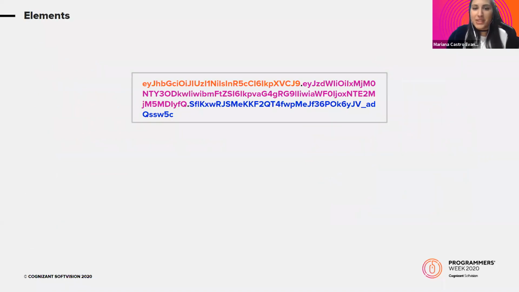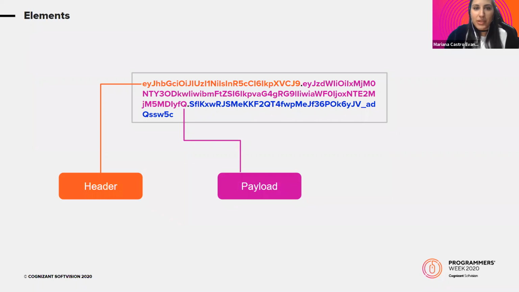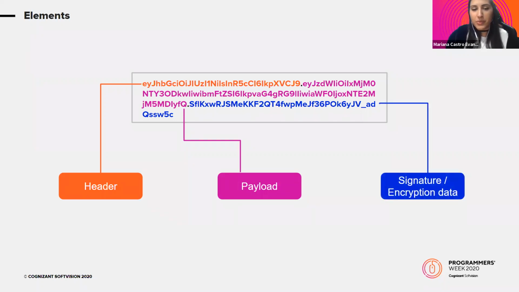Here we have three elements that are separated by dots. The first element is called header. The second element is the payload. And in this case, we have a signature, but there are different things that we can use at the end of the JSON Web Token that we're gonna talk a little bit about in a few slides. It's important to know that both the header and the payload are JSON objects, and that's what we are gonna be focusing on.